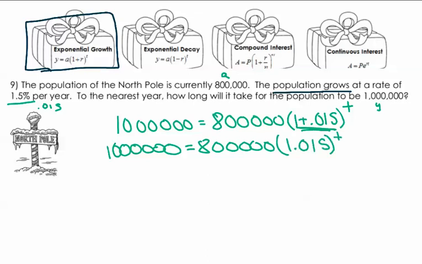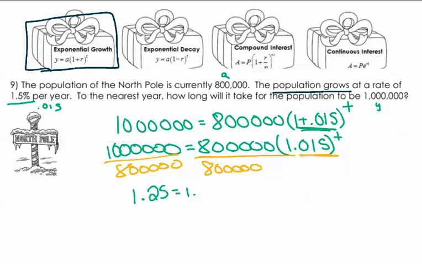So in order to get that t by itself, we have to isolate this exponential base. So that means I'm going to have to divide by 800,000 on each side. So in my calculator, 1 million divided by 800,000 is going to leave me with 1.25. So now I have 1.25 equals 1.015 to the t. Remember, in order to undo an exponent, you have to do a log.